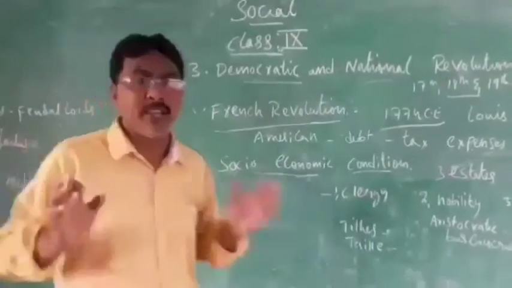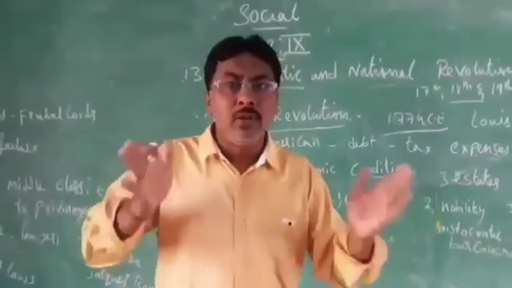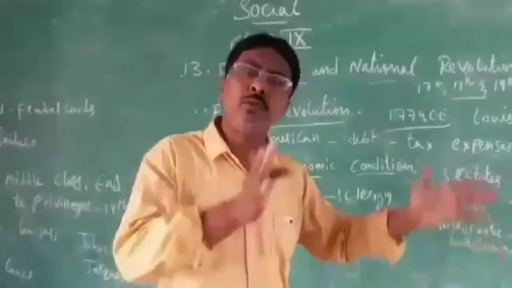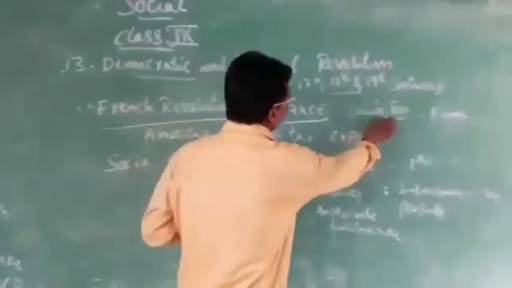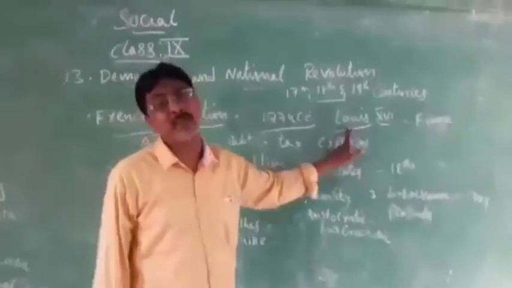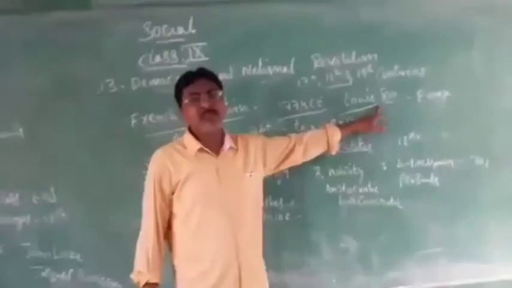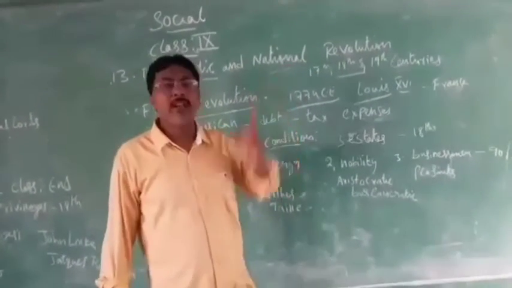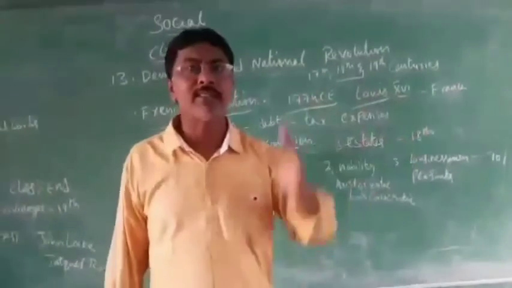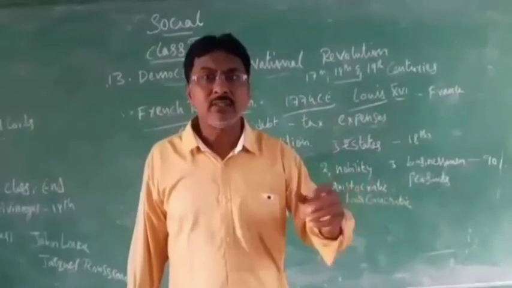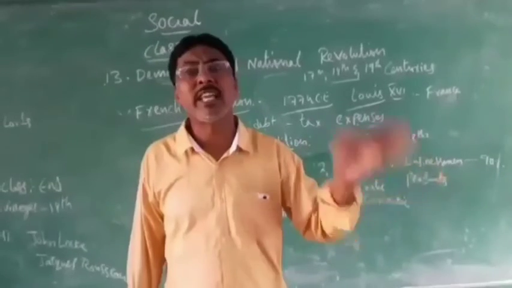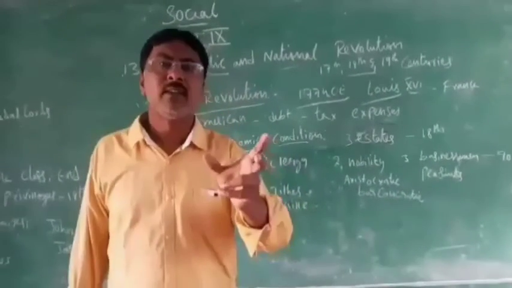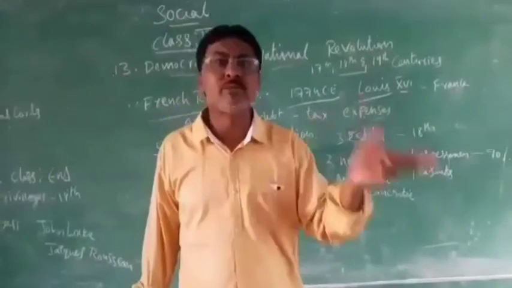You should know how names are kept in France: Louis I, Louis II, Louis III. Louis means king, so all the kings are Louis. If you take England, they keep Charles and James: Charles I, James I, Charles II, James II.